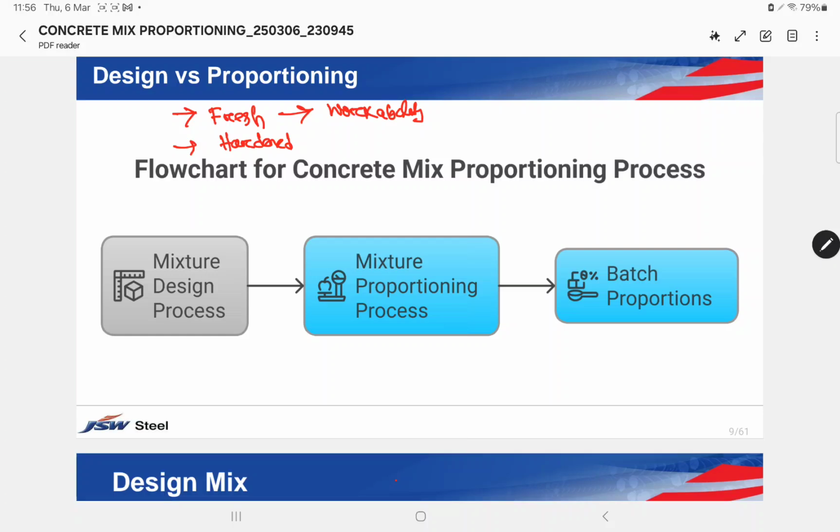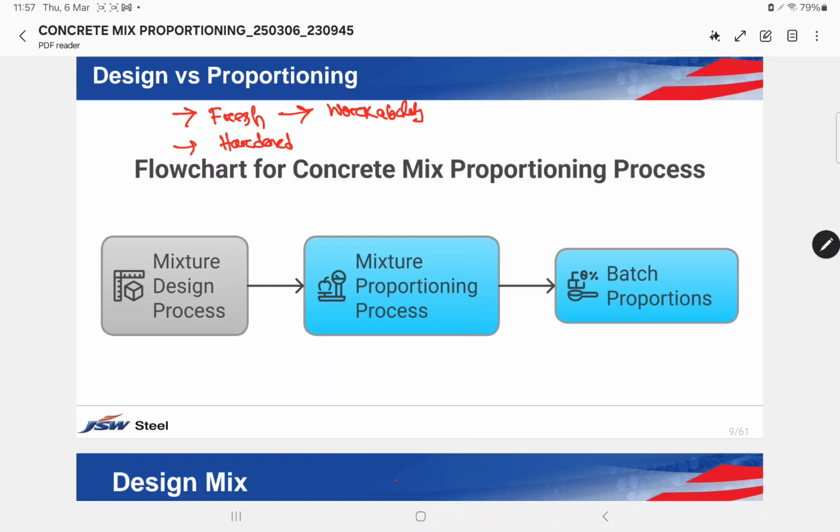During all these stages concrete remains in fresh state, and we want it to be workable with the available equipment or methods.